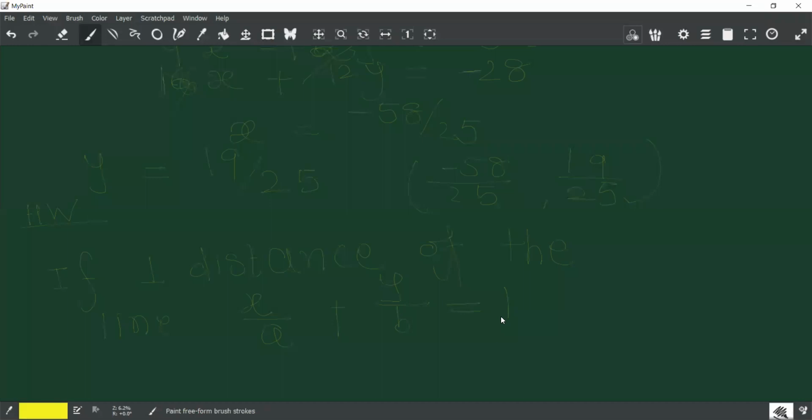If perpendicular distance of the line x upon a plus y upon b is equal to 1, from the origin is p upon root 2 units.